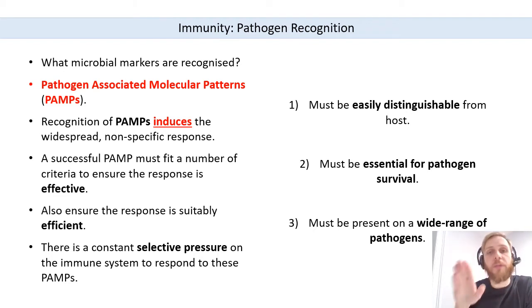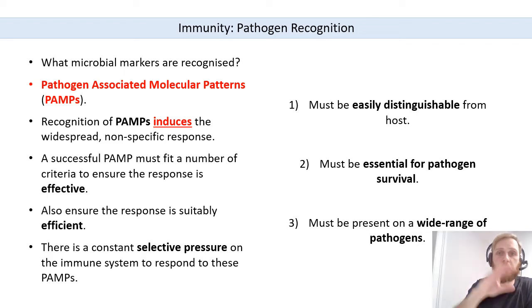So this arm of the immune system has evolved to recognize PAMPs that fit some specific criteria. And the reason for this is, well, it's manifold, but one of the reasons is because it needs to be activated by as many different microorganisms as possible. It needs to be as broad a response as possible in terms of induction, because this is the nature of the response. It should be induced by any microorganisms that are present, and that's what we see.